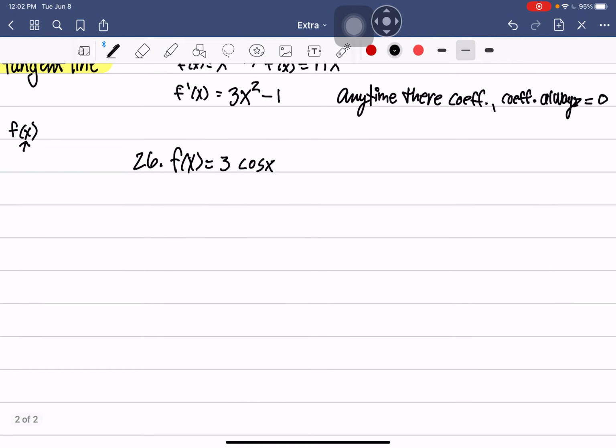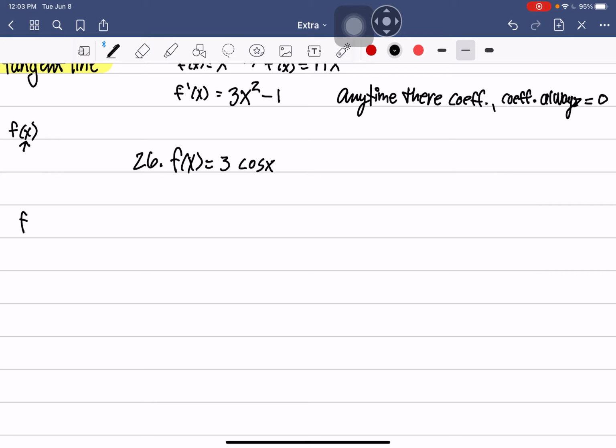So I'm going to give you a list of the trig derivatives. These are ones that you need to memorize, or if your professor allows you to have note cards or notes or anything, I suggest you write it down. But as you start doing all of these, you're going to start remembering it.